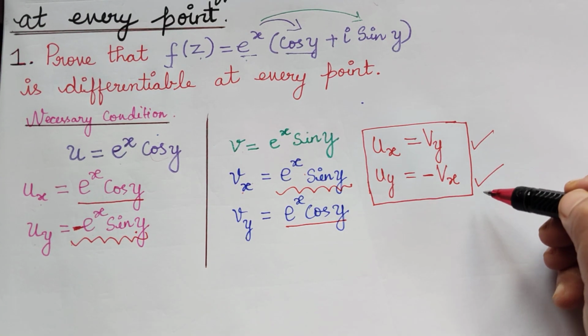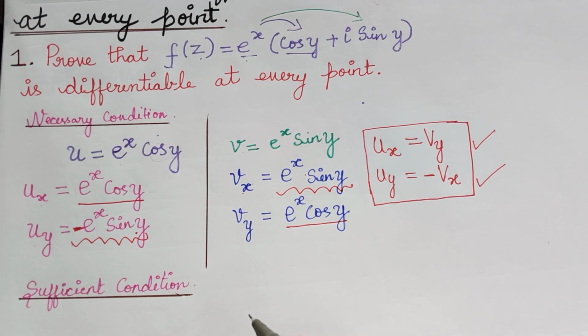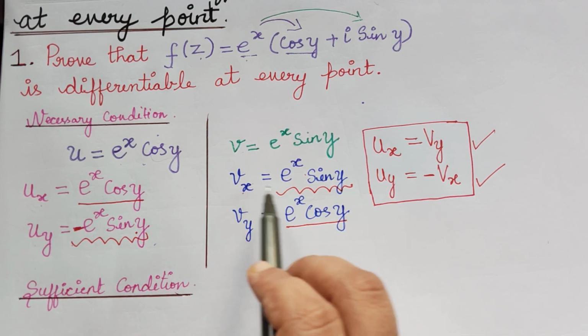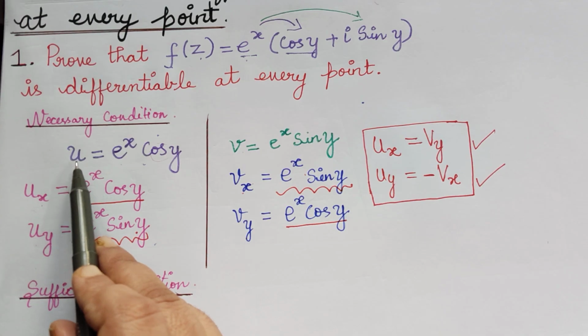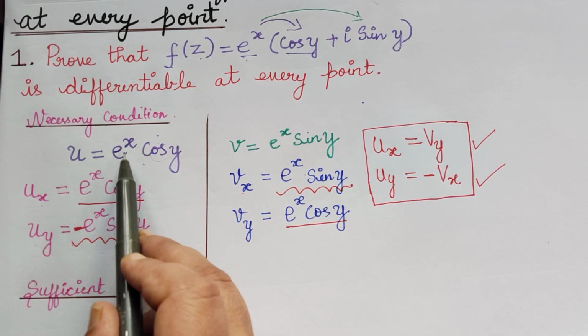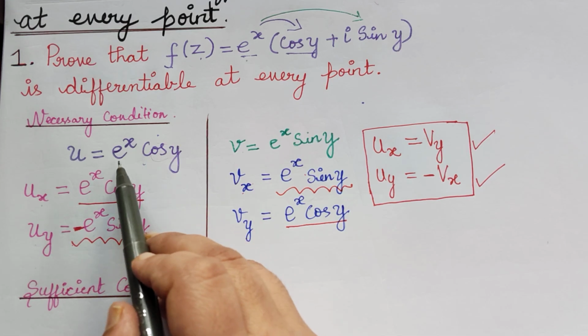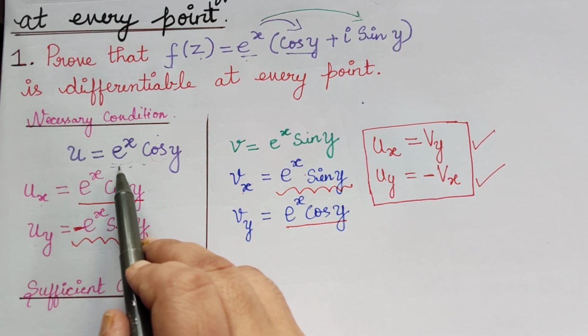Now let us check for the sufficient condition. The sufficient condition is that we have to show that the functions u, v and their first order partial derivatives are all continuous. If you see, the function u is a product of an exponential function and a trigonometric function. We know that all exponential functions are continuous.